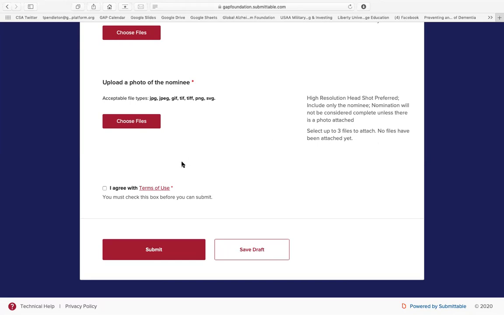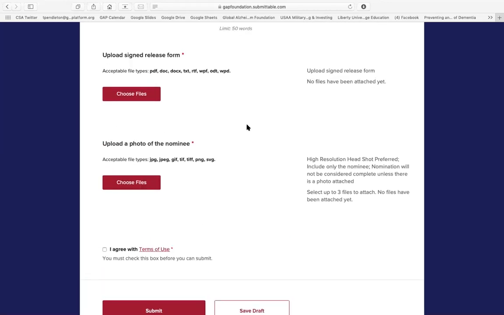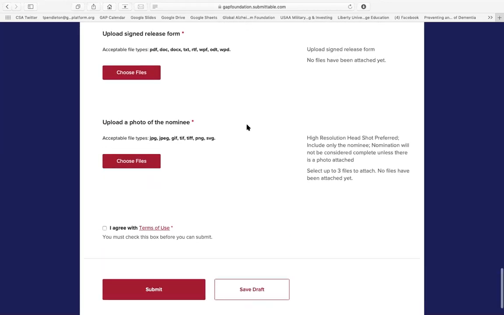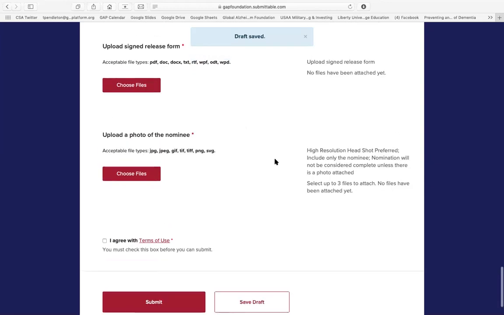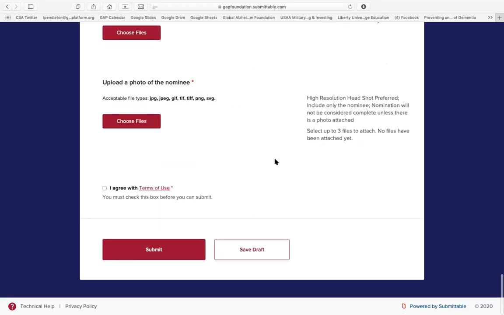You have, I agree with the terms of use, and you have to check that box after you read the terms of use. And then with this, because I am not submitting a release form and a photo, I will save this draft. When you save your draft, that gives you the ability to go back in and upload your forms when you need to.